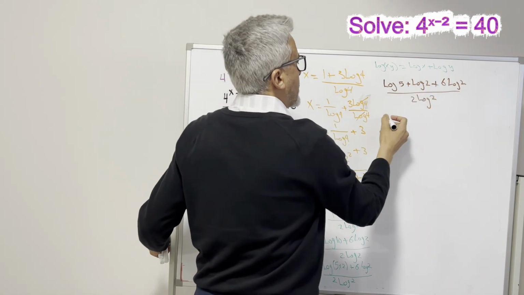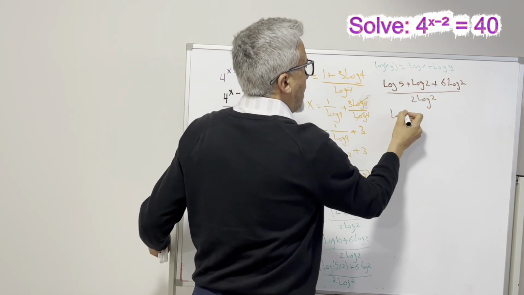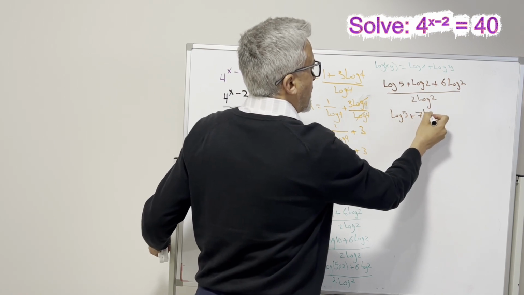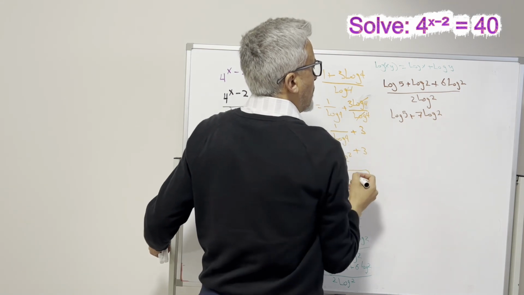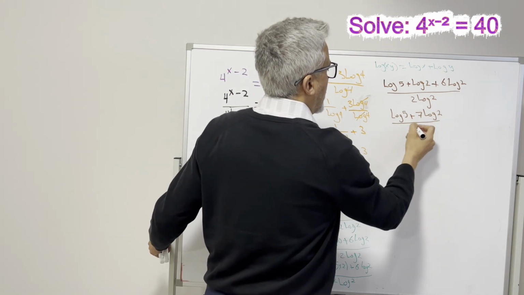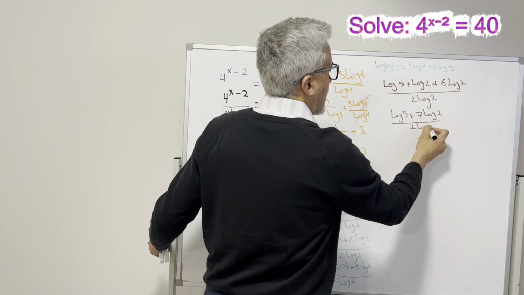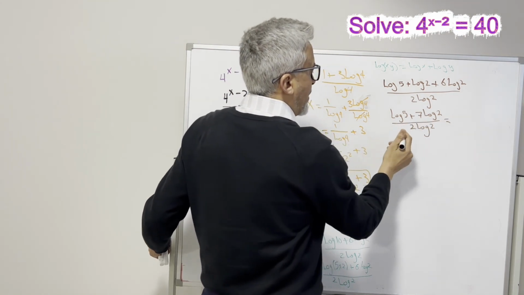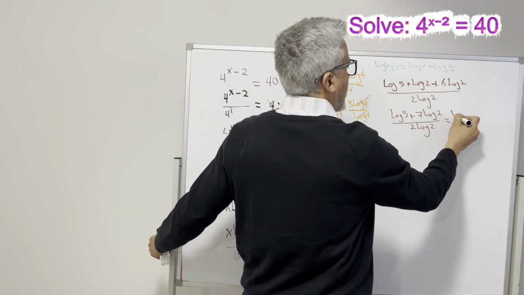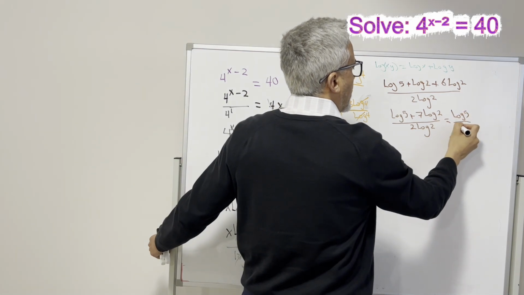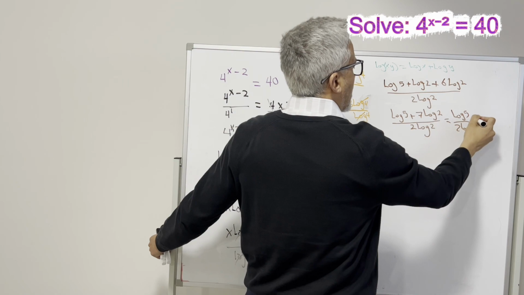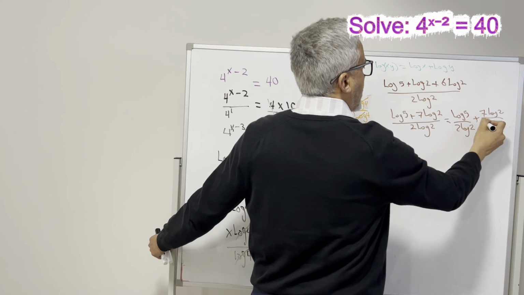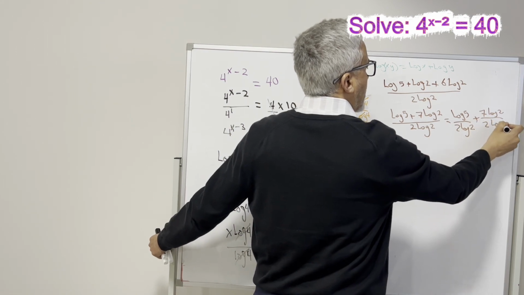Now these are like terms, so I'm going to rewrite this as log 5 plus 7 log 2 all over 2 log 2. And I'm going to break this fraction here, so I'm going to make this log 5 over 2 log 2 plus 7 log 2 over 2 log 2.